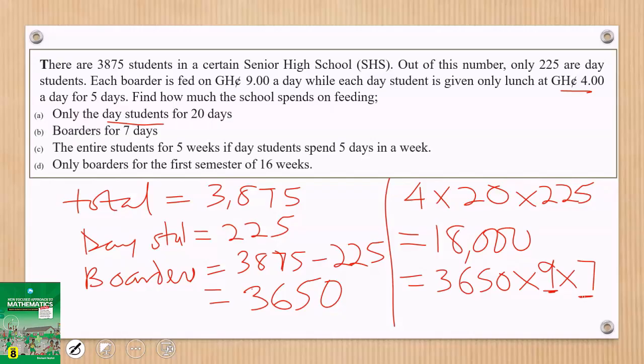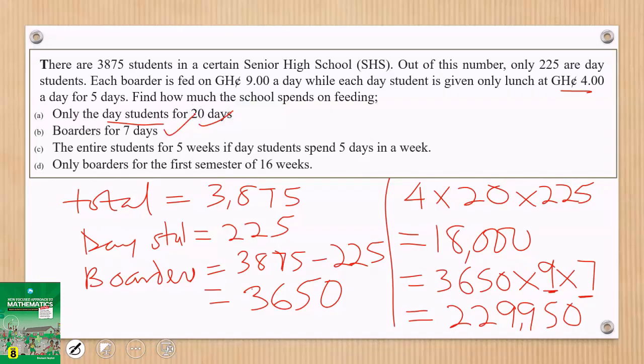So we multiply these three numbers, and when we put them together, it will be 229,950. So that answers the first question, and then the second question.